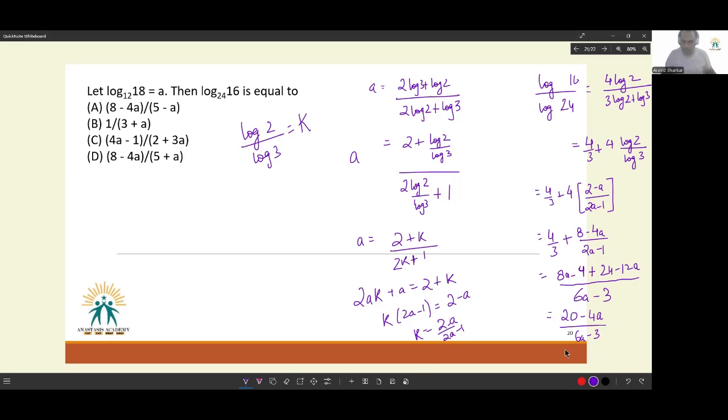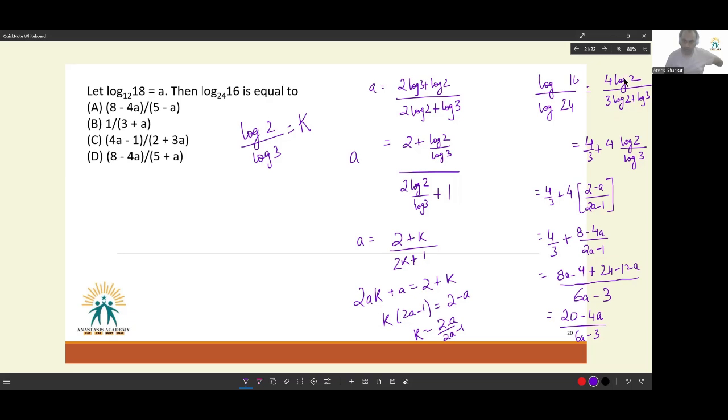No, let me check my work first. This A is (2 log 3 plus log 2) by (2 log 2 plus log 3). Absolutely fine. Log 16 by log 24 is 4 log 2 by (3 log 2 plus log 3). Absolutely fine. Ooh, this is the error.